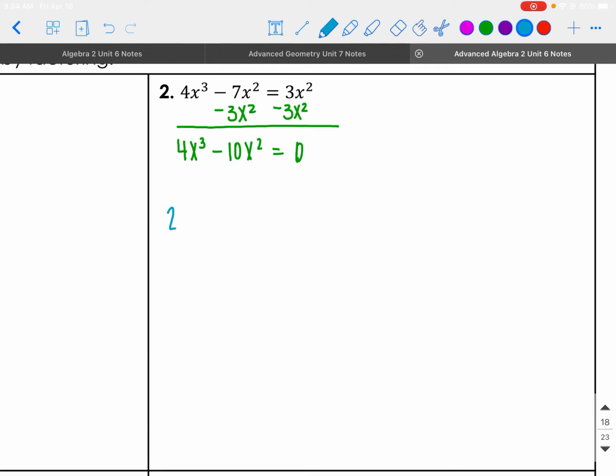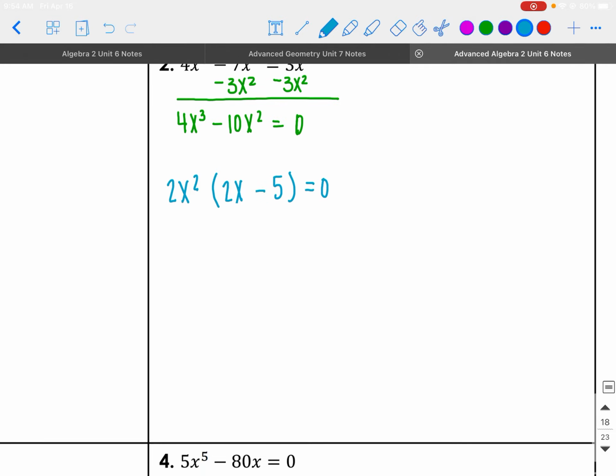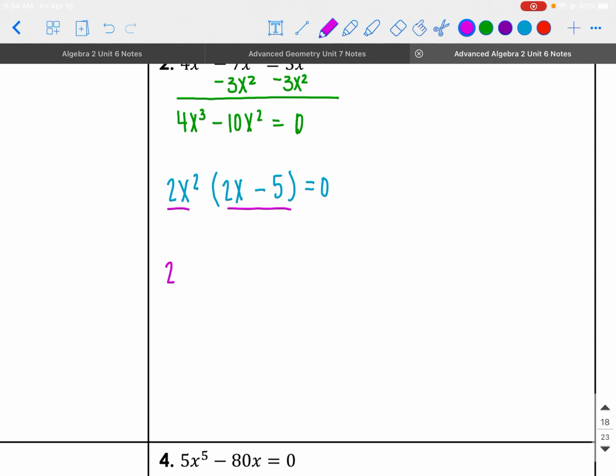Then we look for a GCF, and I can take out a 2x squared, and that leaves me with 2x minus 5. Okay. So then I take each of the factors and set them equal to 0.